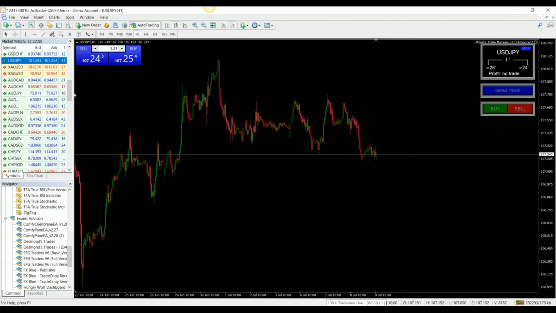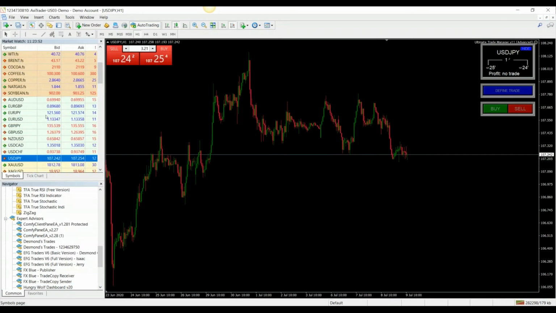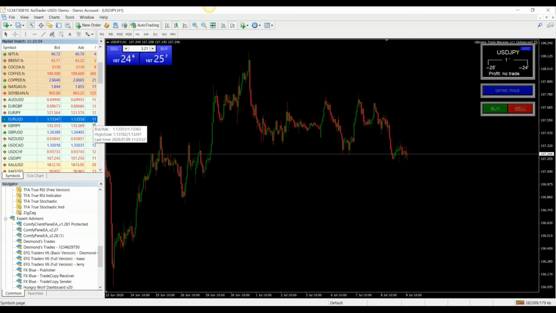Who can tell me what is my spread on euro dollar right now? You look at MT4, this is my spread. How many pips spread is this? Yeah, it's 1.2 pips.